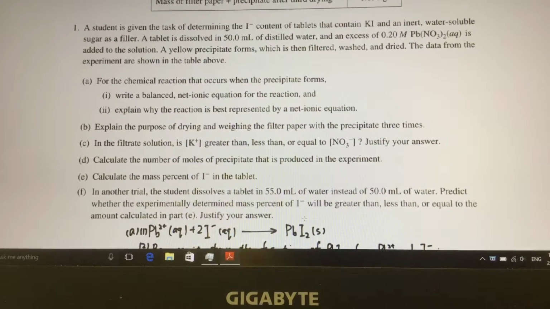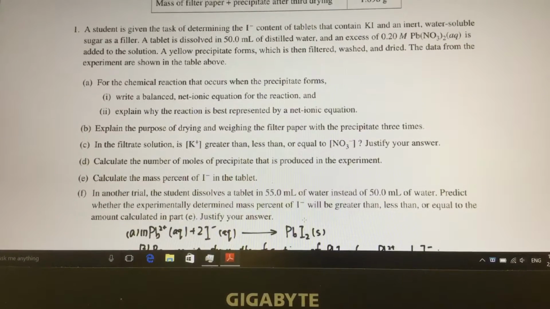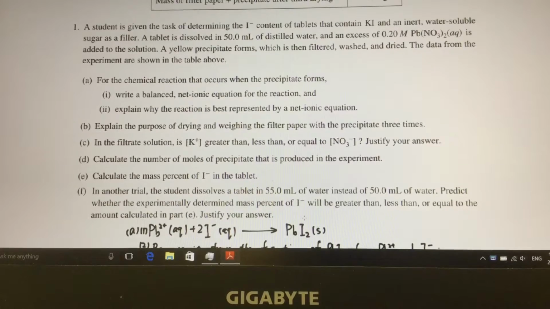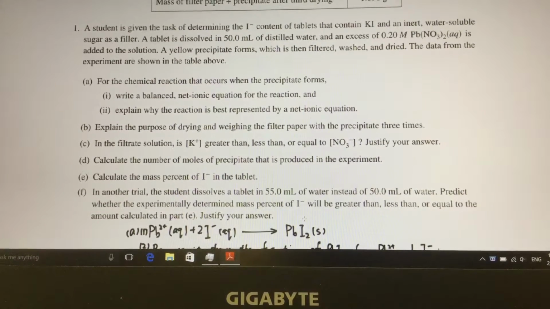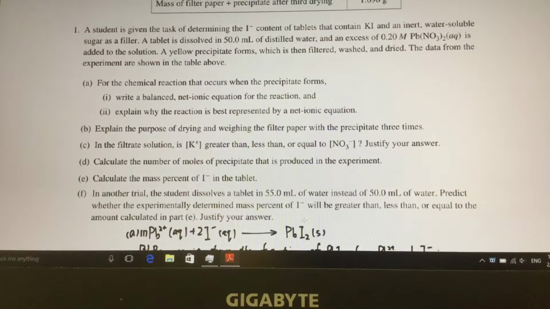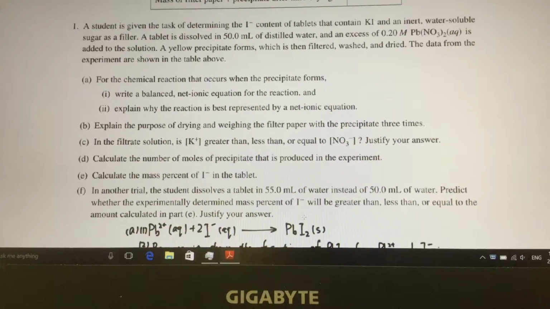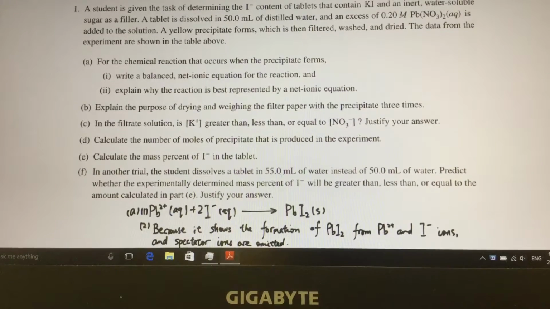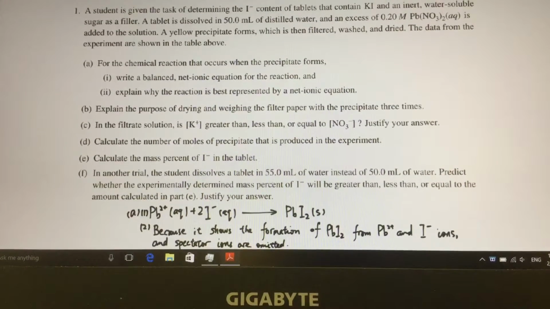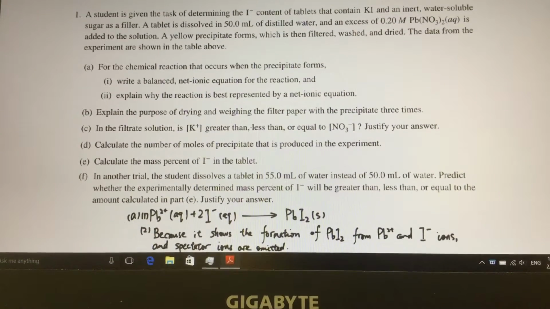The reason why we have only lead and iodine here is because those two form a solid, and the potassium ions and the nitrate ions are actually spectator ions. They don't lose or gain any electrons here. And we have the solution here, why this reaction is best represented by a net ionic reaction.